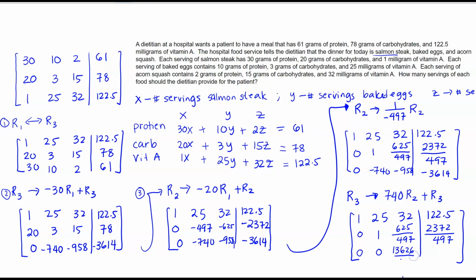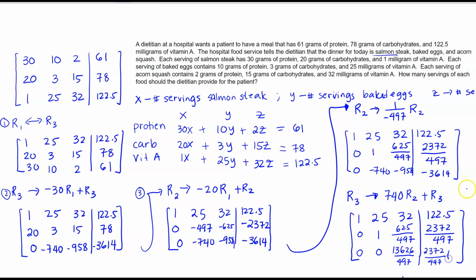13626 all over 497. And then here you will do that same thing. You will multiply whatever you use, the fraction. I want you to get the exact answer. So it will be 2372 over 497.